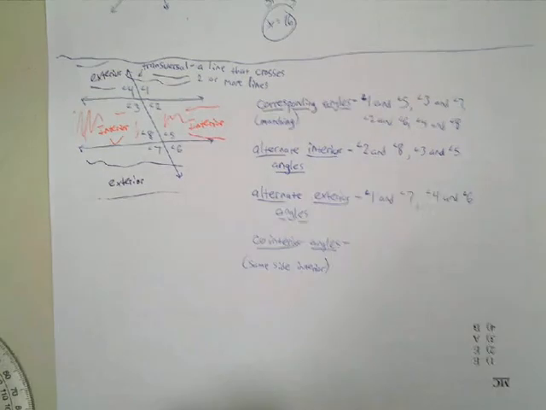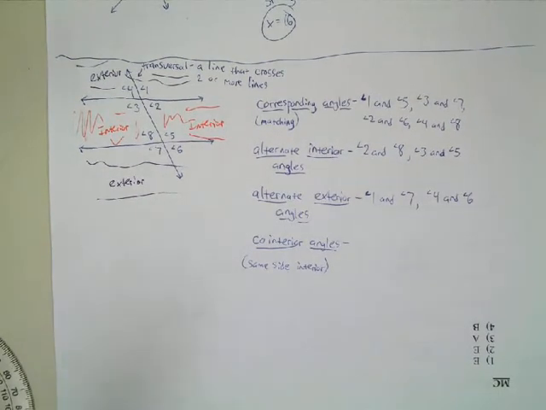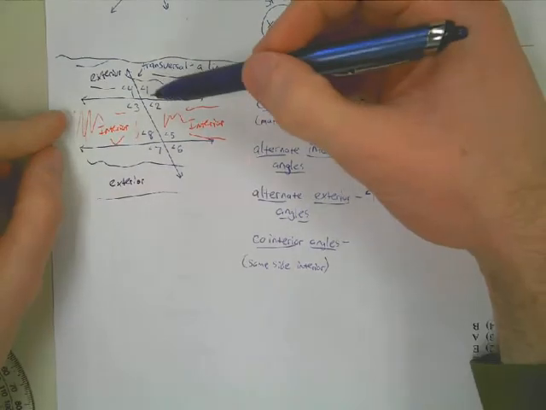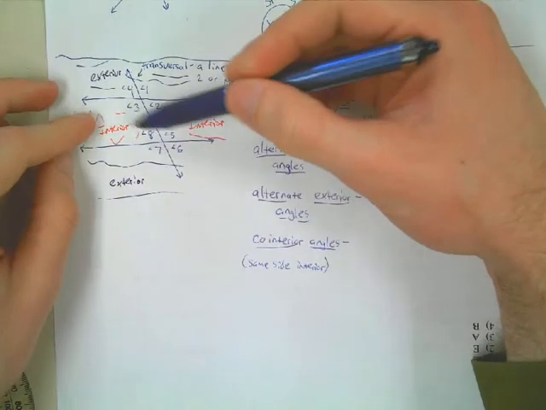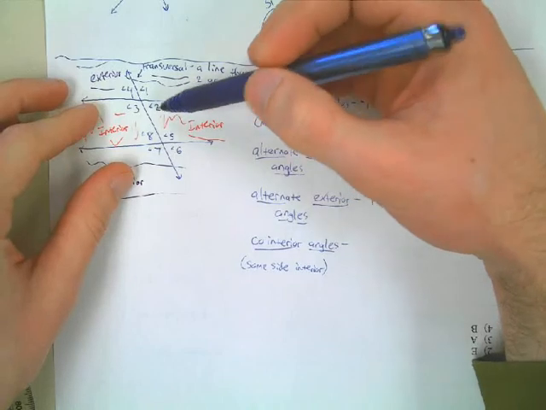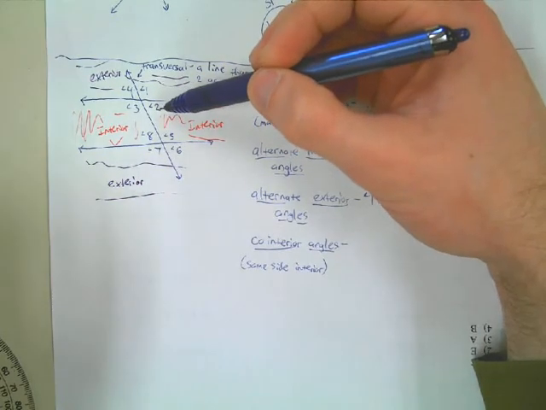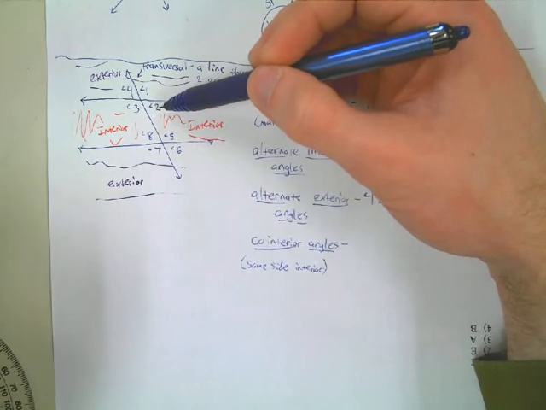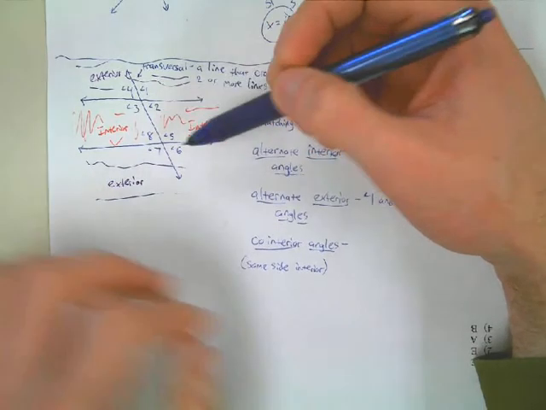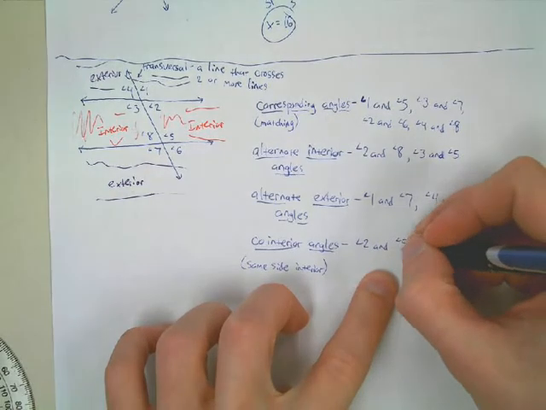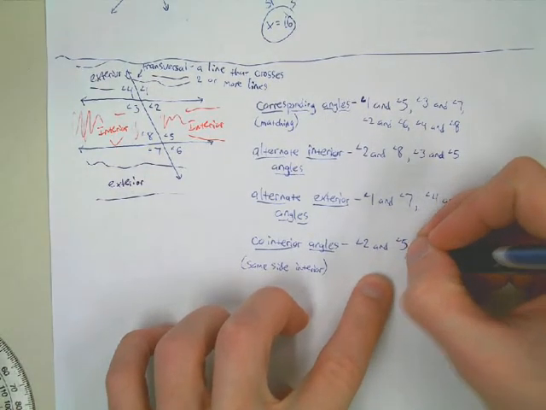We're going to focus on 2, 3, 5, and 8, because they're on the interior. Angle 2, co, that means it shares the same side. So angle 2 shares the same side as what interior angle? 5. Yep, so angle 2 and angle 5. And then angle 3 and angle 8.